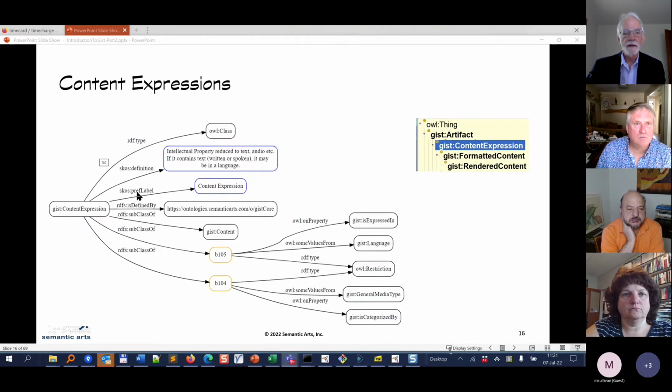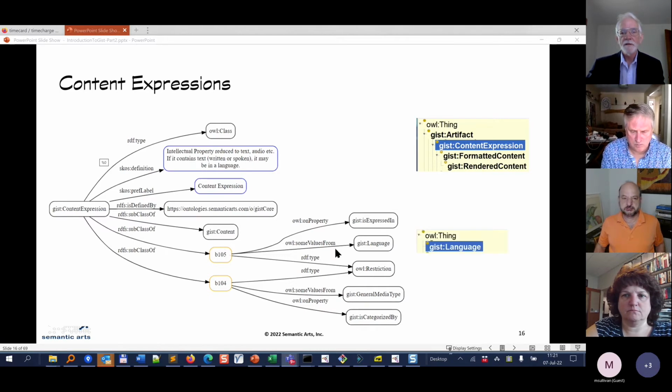And then it has a preferred label. We always point to the ontology where the concept is defined, in case there are different modules and submodules. It's also a subclass of content, so it's a kind of content. And then it's a subclass of two restrictions. What does this mean? It has a language.